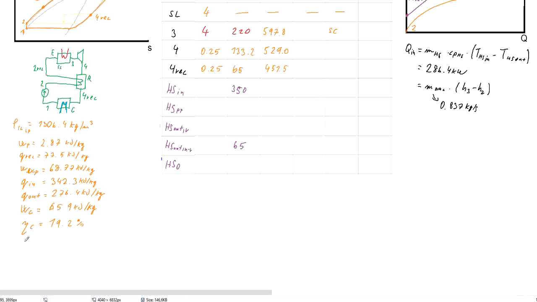Now for the recuperated case, it would be the enthalpy H3 minus H2 recuperated, which is 264.8, almost 264.9 kilojoules per kilogram, and the efficiency of the recuperated cycle would be 24.88%.